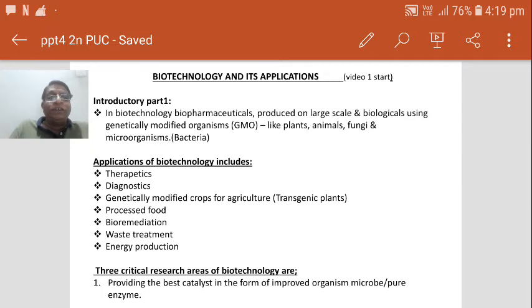Golden rice, vitamin A rich rice is there. It is produced through genetic engineering. All these are genetically modified crops or transgenic plants. And also, we are able to produce the processed food.